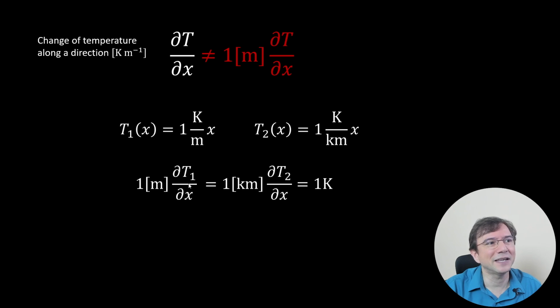And so let's say that in this first case, we are using x in meters, and we do our unitless derivation, so we're multiplying by 1 meter. And in the second case, we're using kilometers, and we make this unitless derivation, and therefore we get a kilometer in front. Of course, both of these cases are going to give us a Kelvin, because we're doing a Kelvin per meter times a meter, and a Kelvin per kilometer times a kilometer.